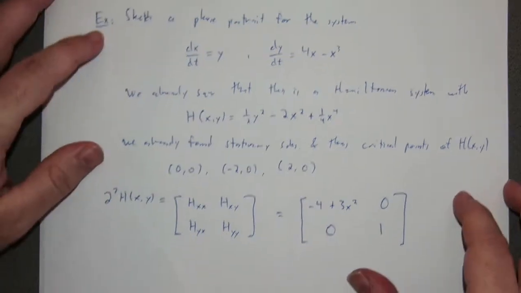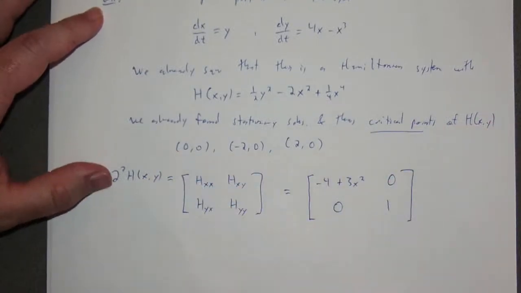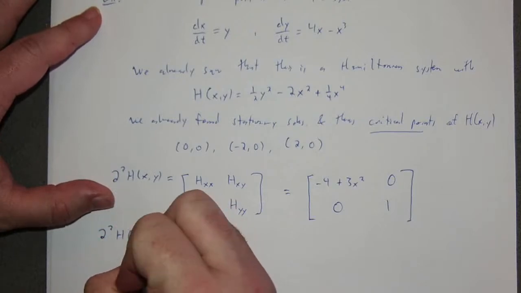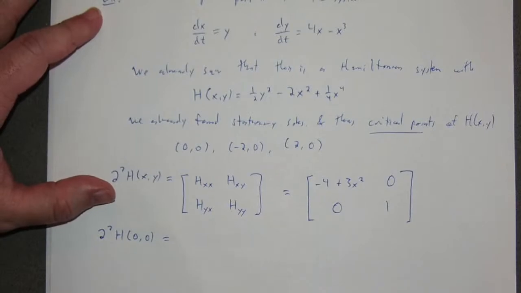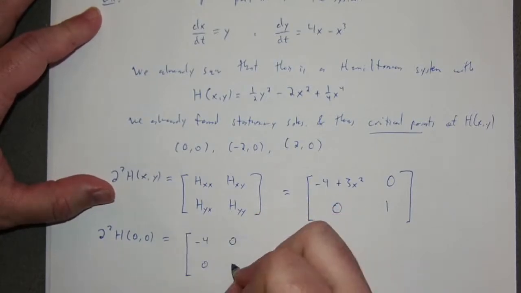Okay, let's plug our critical points into this Hessian matrix. The Hessian at (0, 0) becomes minus 4, 0, 0, 1.